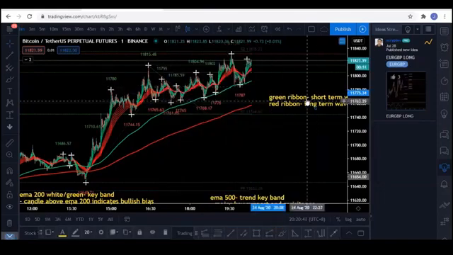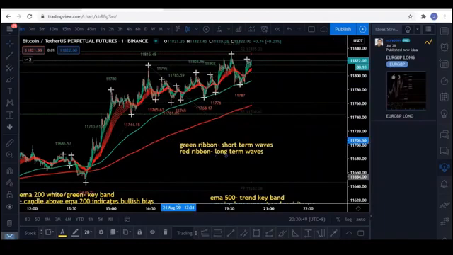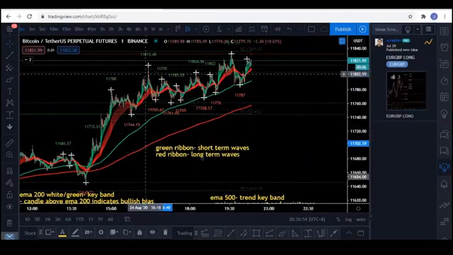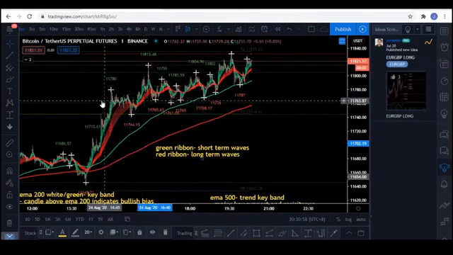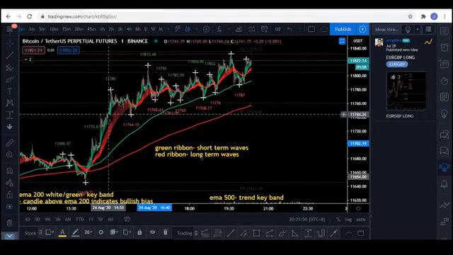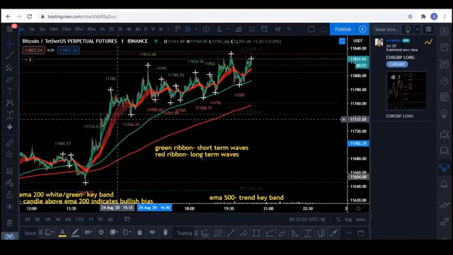So green ribbon is our short or fast EMA, and our red ribbon is our long-term waves or slow EMA.